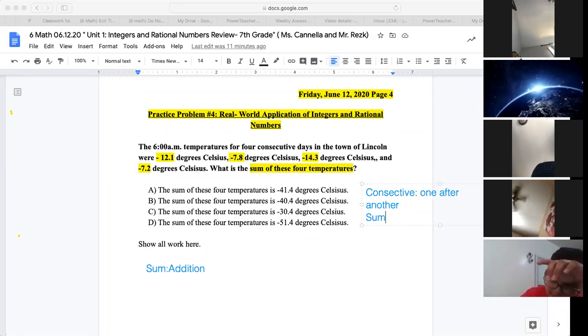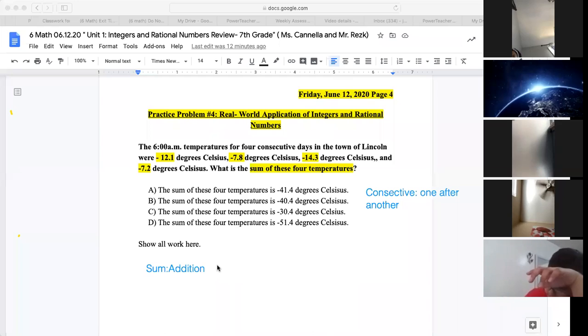What is the sum of these 4 temperatures? All right, so the sum is what operation? Haley, when you have to find the sum, what operation is that? Subtraction? That's actually difference. What's the opposite of subtraction, Haley? Addition. Okay, so I'm going to take over from here for a second.